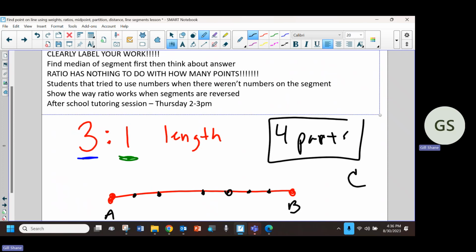So it could be M, N, O, P, Q, R, whatever. Those points could all be on there. They don't mean anything. We don't count points. We're not saying, oh, there should be 3 points on the left and 1 point on the right. Some of you did that because the number of points happened to match up with the number of parts. It's about the length of these segments.